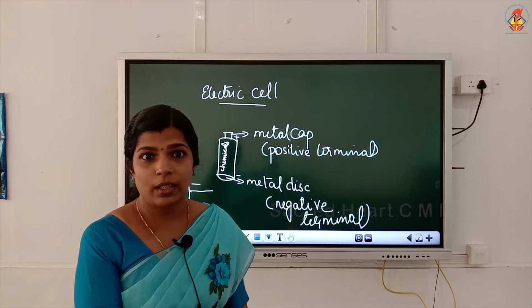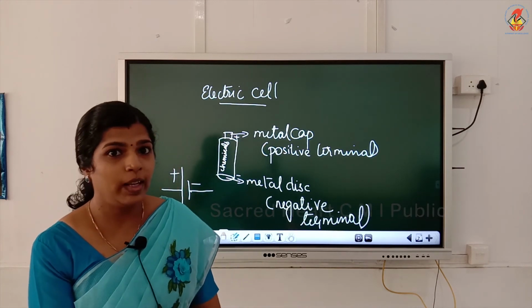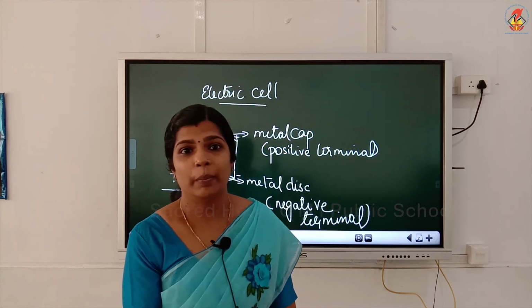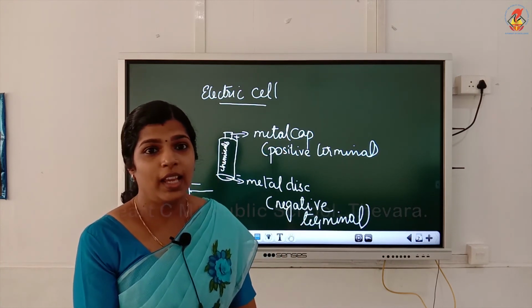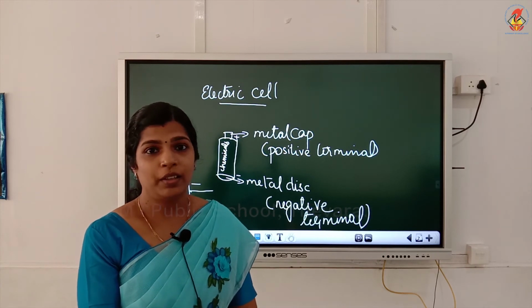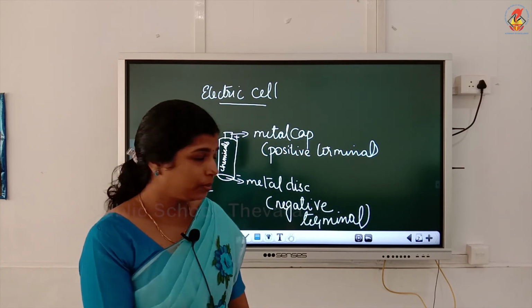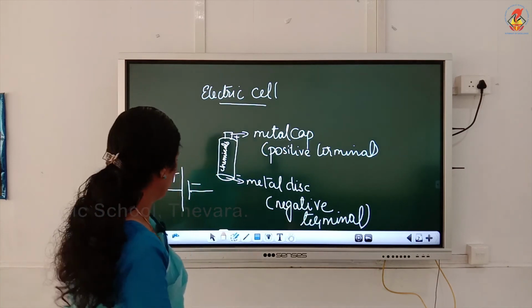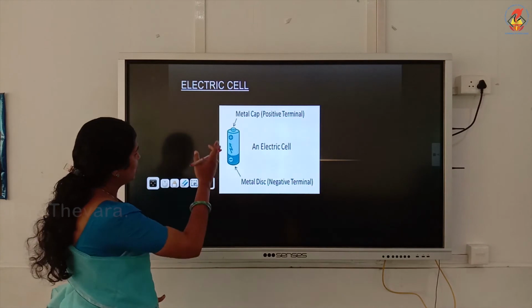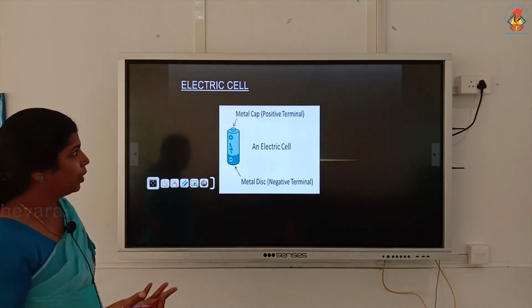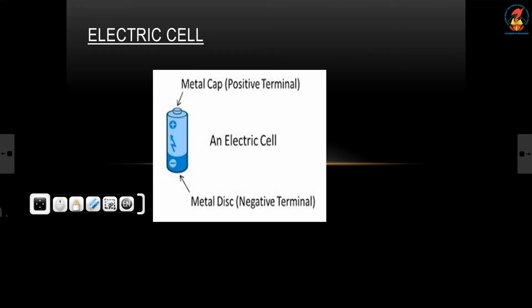Some toy cars have rechargeable batteries, so we can charge them again and again and use them. Now, one more thing is here, that is a solar cell. This one is just the diagram of a cell.